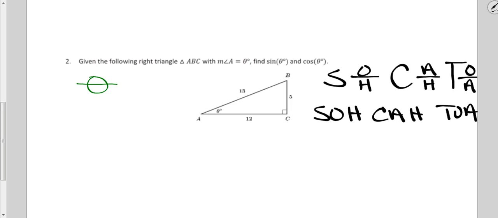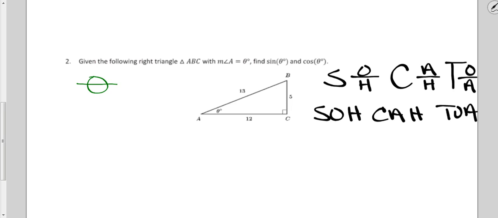If I'm finding the sine of theta, what side is opposite the angle theta? Which length? 5, right? And then over, or divided by, what does H stand for? Hypotenuse. Liv, do you know what hypotenuse means? It's the long side of the triangle. Yeah, the longest side of a right triangle, right?